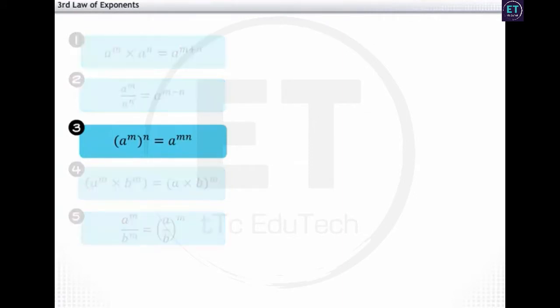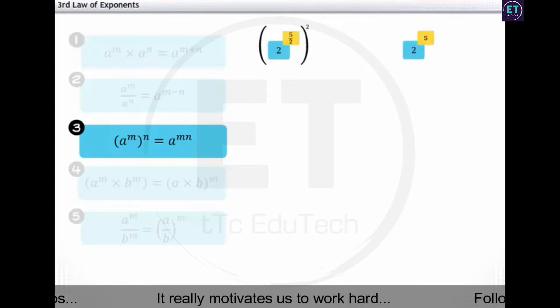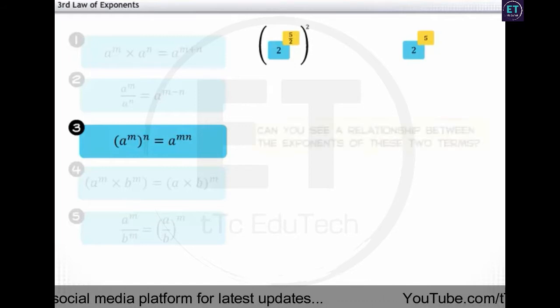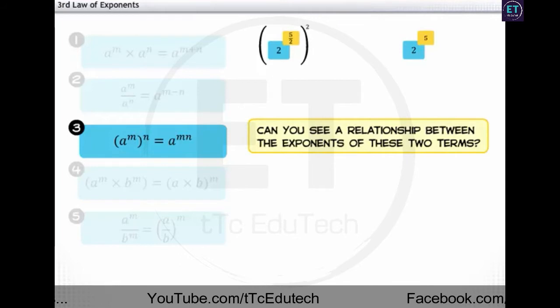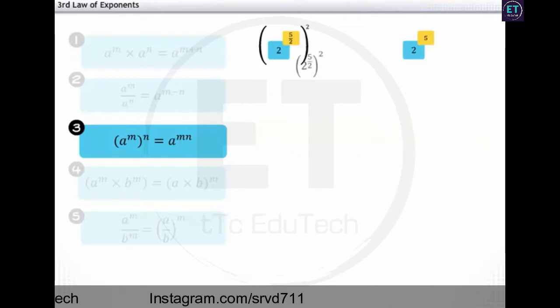Let's move on to verify the third law of exponents. Consider the next example. Here we have two terms, 2 raised to the power of 5 upon 2, the whole raised to 2, and 2 raised to the power of 5. Can you see a relationship between the exponents of these two terms? Let's examine the first term.